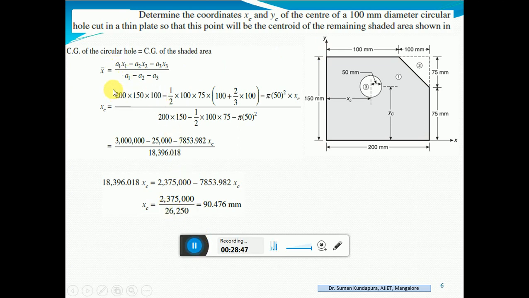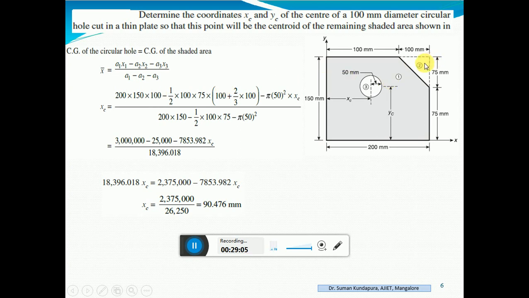A1 is nothing but 200 into 150. Moment of area is nothing but the x distance with respect to y axis. What is the x distance for this entire rectangle? If this is 200, 200 by 2 is 100. So x1 is nothing but 100.